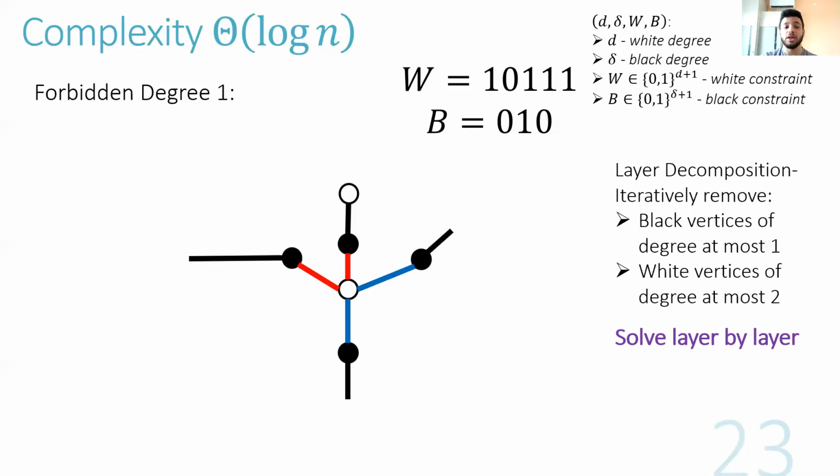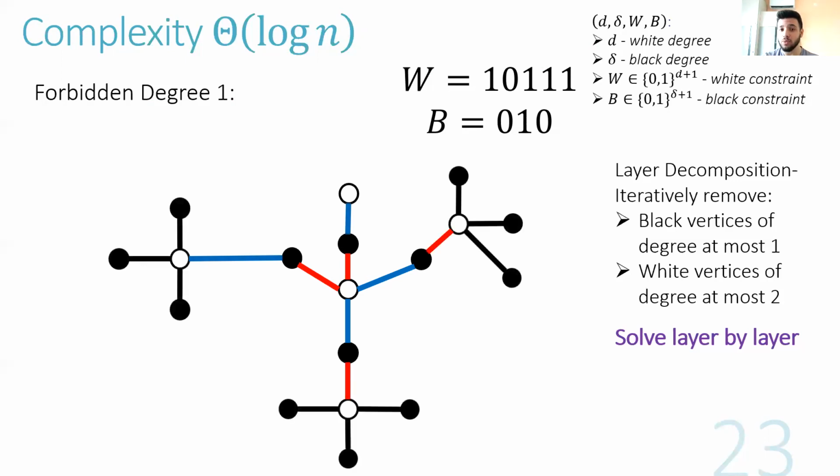Then you can see that while all black vertices already have one edge which was already labeled, they do have the option to complete their labeling in a valid manner. And the same holds for these white vertices here. Although already one edge in their radius 1 neighborhood was already labeled, they have the option to complete their labeling into a feasible solution.